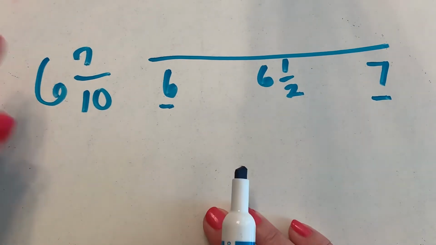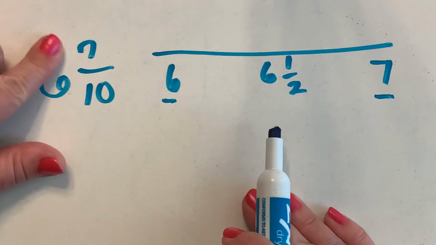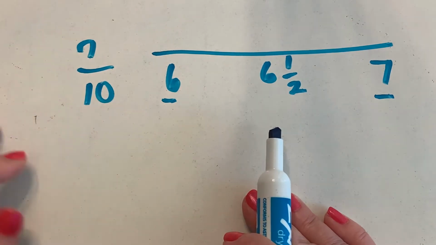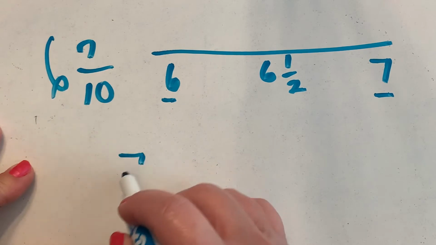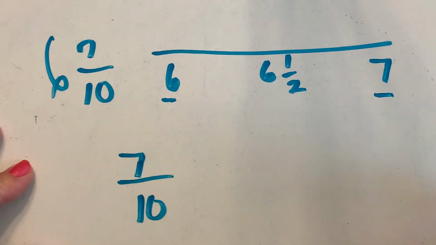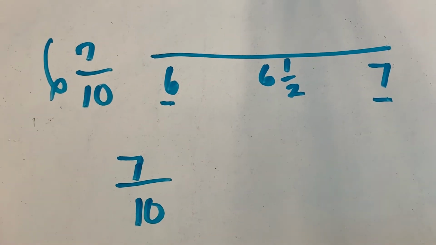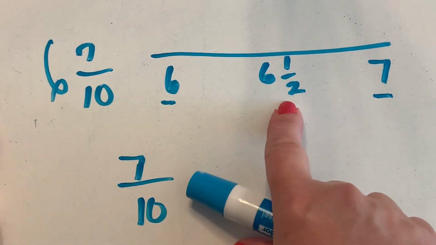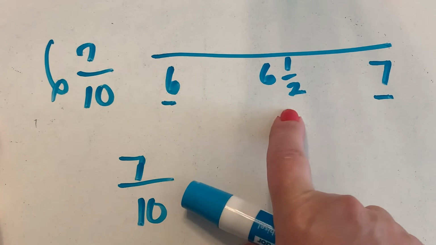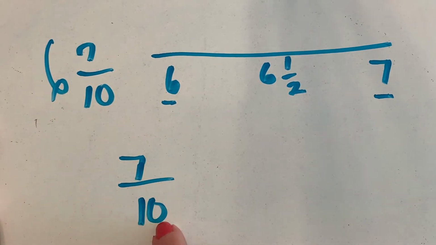First of all, we're not going to look at the 6 right now, okay? I'm just going to take it away. We're going to look at 7/10. Do you remember how we just did this? I'm going to write this right here, 7/10. All right? We're going to see if 7/10 is greater than 6 1/2 or less than 6 1/2. Look at your 10.